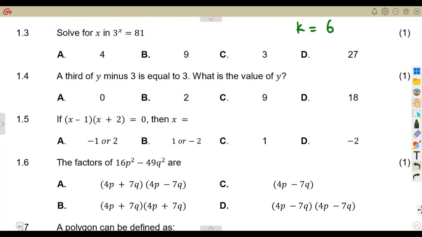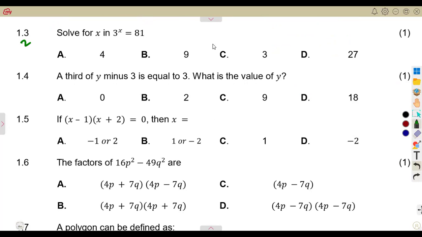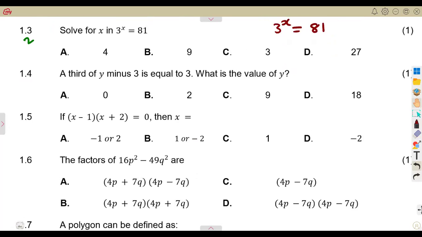All right, then number 1.3: solve for x if 3 to the exponent of x is equal to 81. Again, we are back to the same situation as before. Is it possible that 81 can be written in the base of 3?